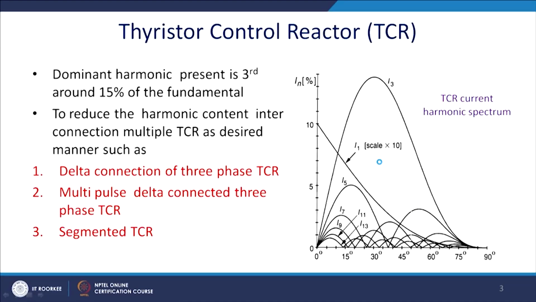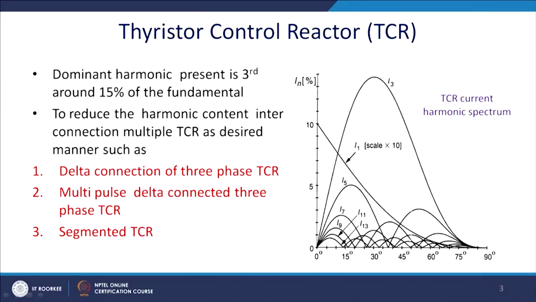So, let us see what happened. We shall see the demerits of using this TCR and how it will increase the contamination due to the harmonics. The dominant harmonic is definitely k equal to 1, thus it will be the third harmonic, and that strength will be around 15% of the fundamental.